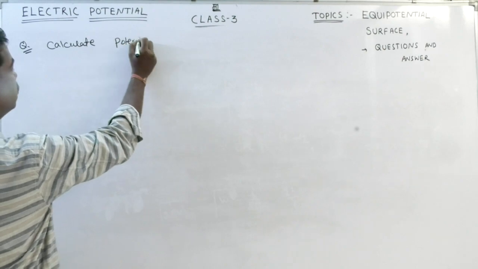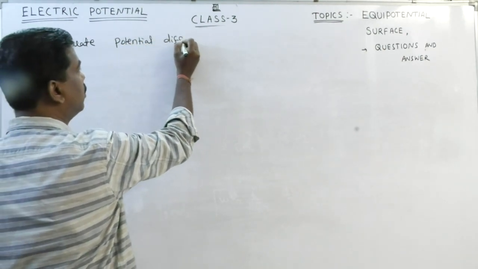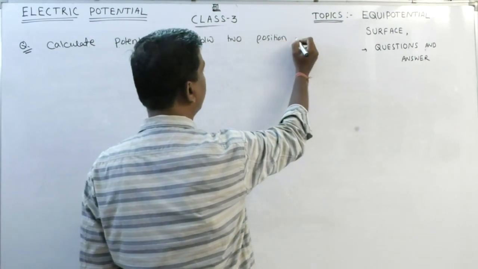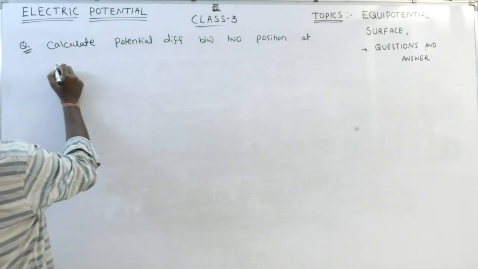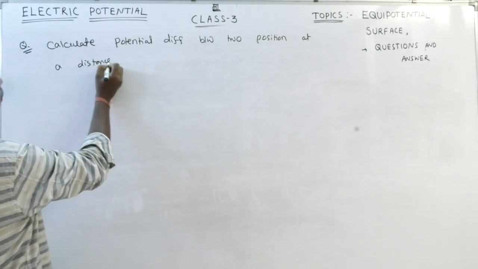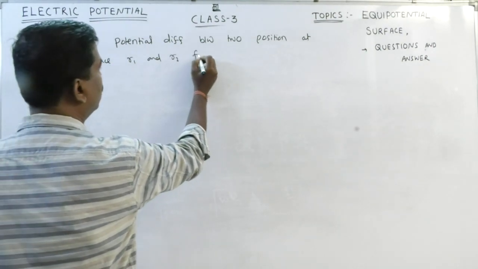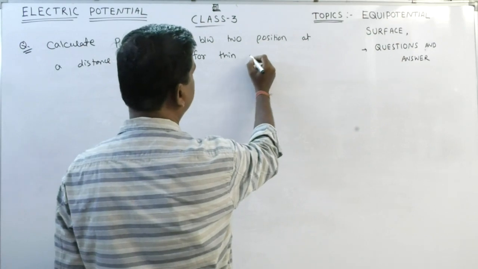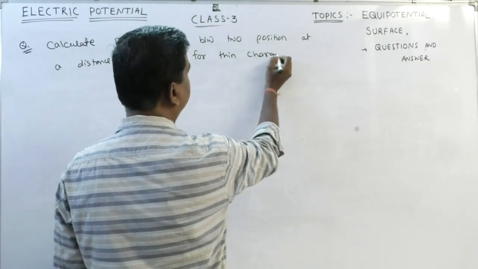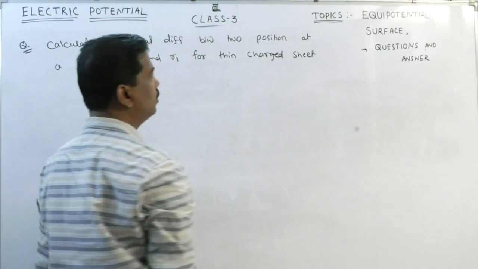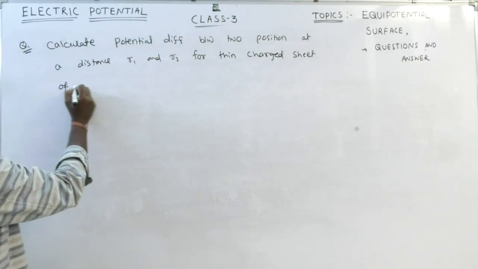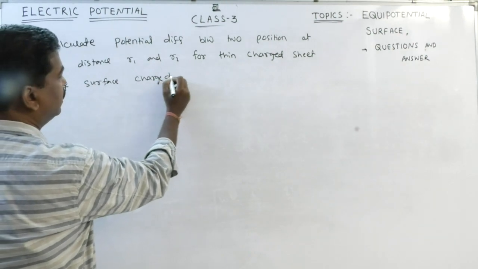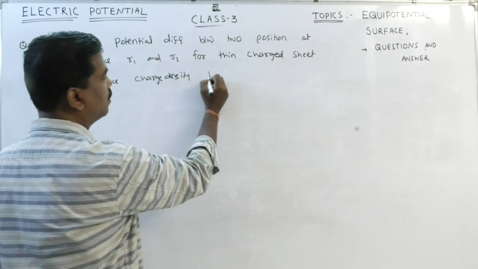Calculate the potential difference between two points at distances r1 and r2 for a thin charged sheet of surface charge density sigma.